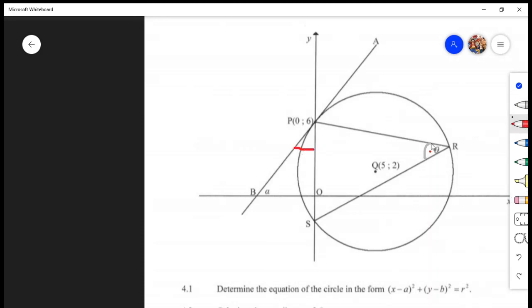Can everyone see that? Okay, so in order to calculate this angle on top, remember we got our value of alpha, right? Does anyone remember what the value of alpha was? I can't remember.